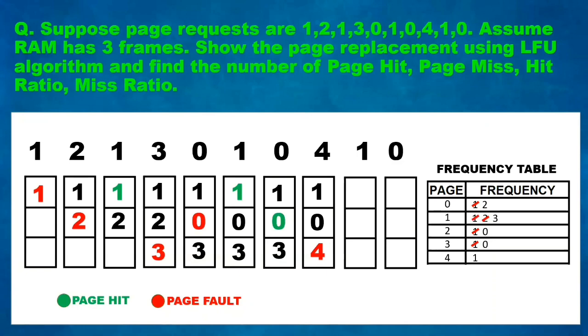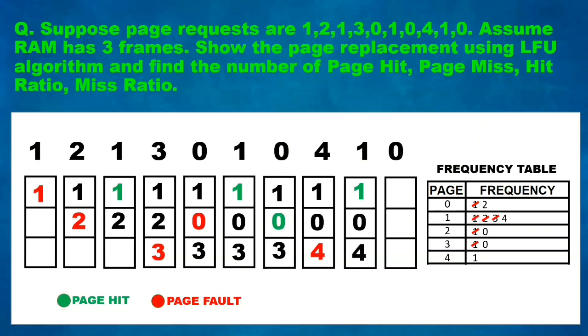Now the requested page is 1. So 1 is present inside the RAM, so that is a page hit. So now we have to update the frequency of page 1. So it is 4. That means page 1 is requested 4 times.